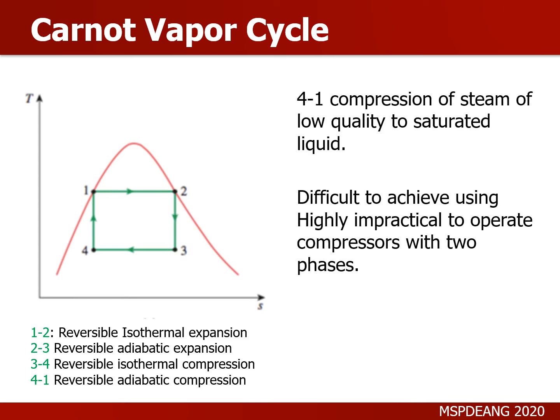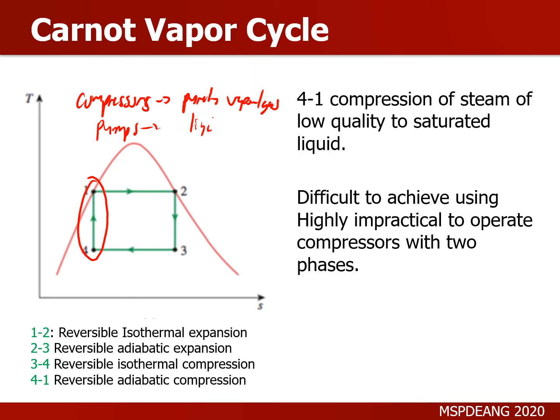And lastly, for step 4 to 1, a reversible adiabatic compression, you can approximate adiabatic compression in well-designed compressors. However, for compressors, dapat purely vapor lang yan or gas phase yung working fluid natin. Tapos kapag pumps, dapat liquids lang.